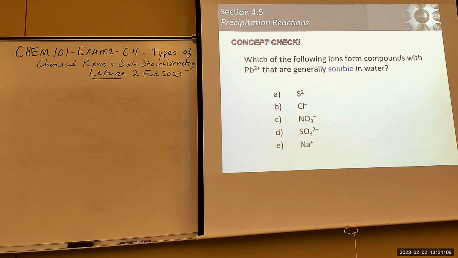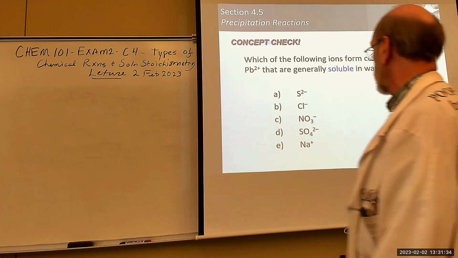Then you just go down. So nitrate, chlorate, perchlorate, and acetate are all soluble. None of those are up there. How about chloride? Lead 2 chloride. Oh, it's insoluble too.